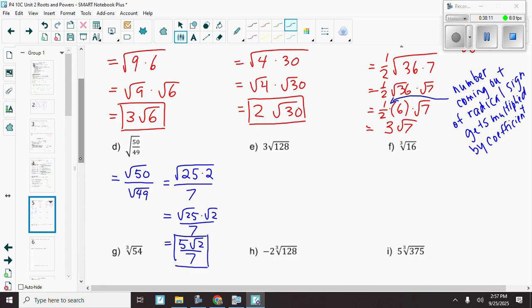Okay, so take a look at 128 and start the process. Find out what is the perfect square that's hiding in 128 that we can pull out as one of the factors.